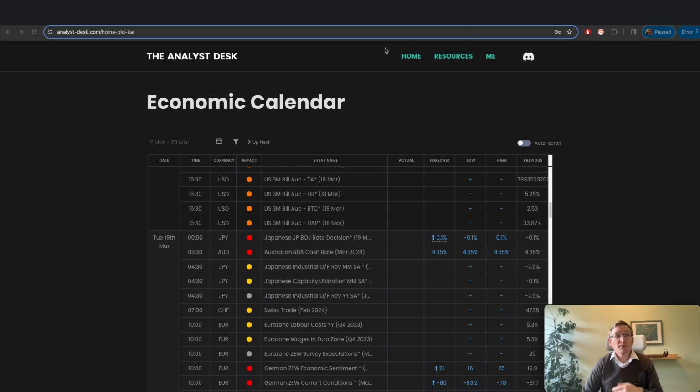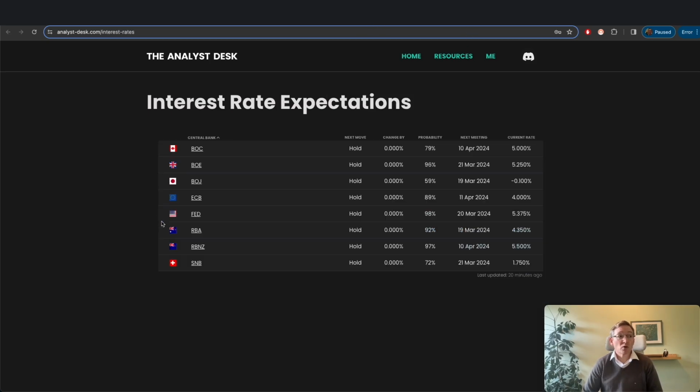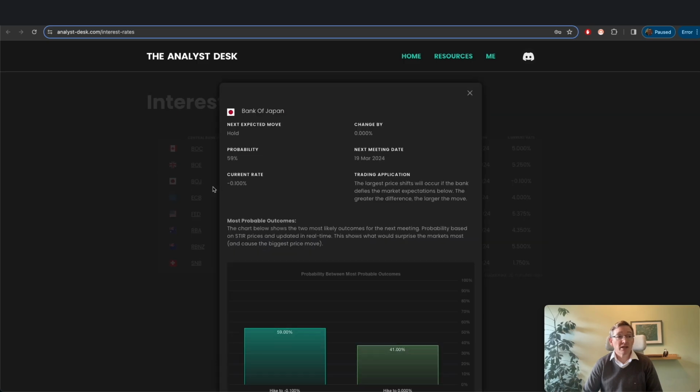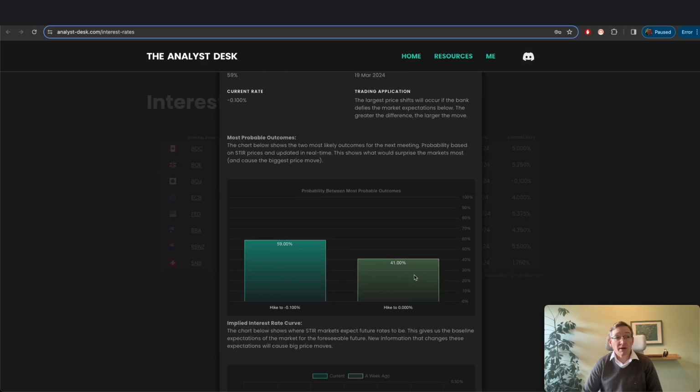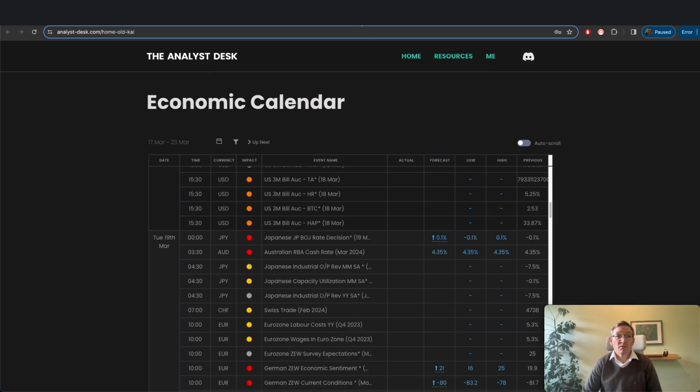If they do, they will surprise markets, because short-term interest rate markets, as you can see here, are only pricing at about a 41% chance of a hike, and most economists don't think that the Bank of Japan will exit negative interest rates. Some do, but the majority is tilted for the Bank of Japan keeping rates unchanged. So we'll have to see what they do.